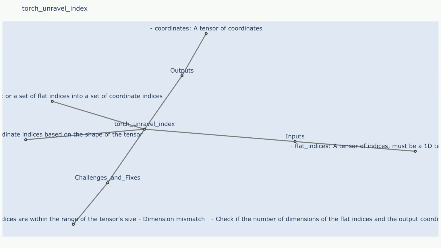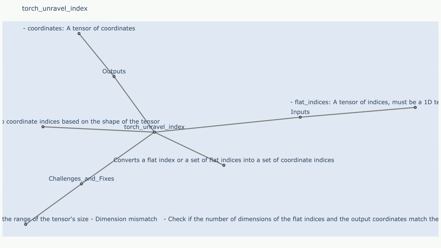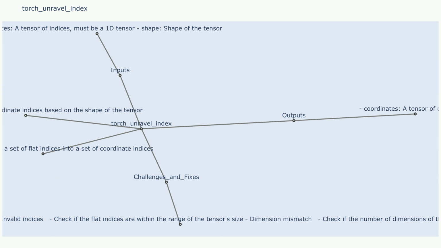Shape, a tuple or a tensor specifying the shape of the multi-dimensional space from which the indices are derived. Outputs: Output, a tuple of tensors, each containing the corresponding coordinate values for each dimension of the multi-dimensional space.